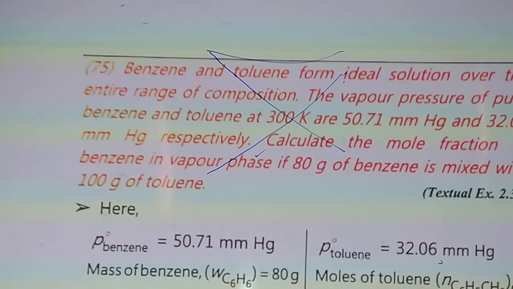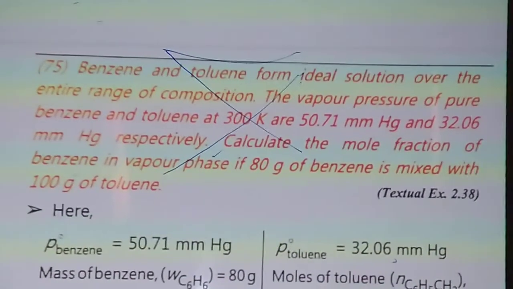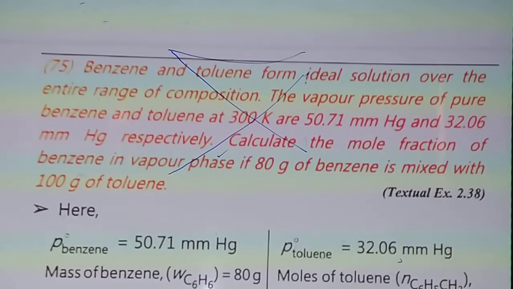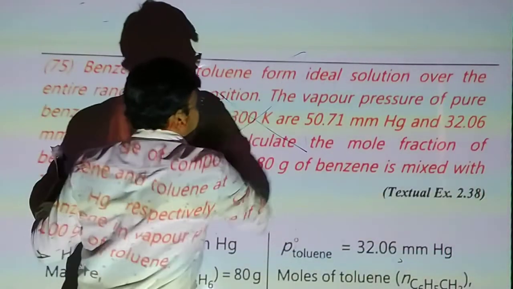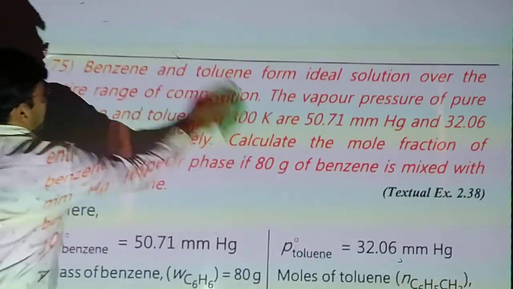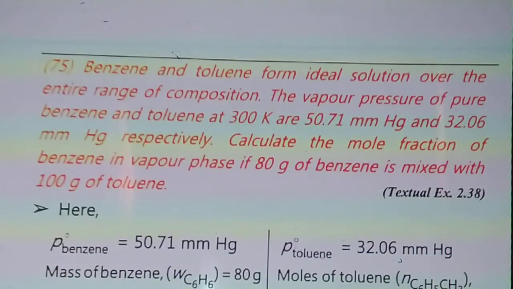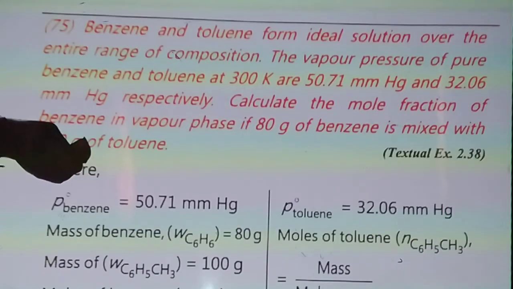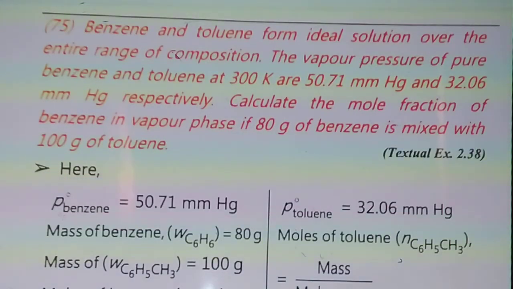Benzene and toluene. Next question. Benzene and toluene form an ideal solution over the entire range of composition. The vapor pressures of pure benzene and toluene at 300 Kelvin are 50.71 millimeter mercury and 32.06 millimeter mercury respectively.